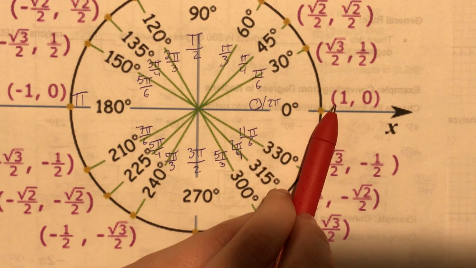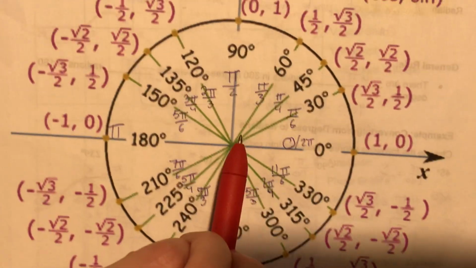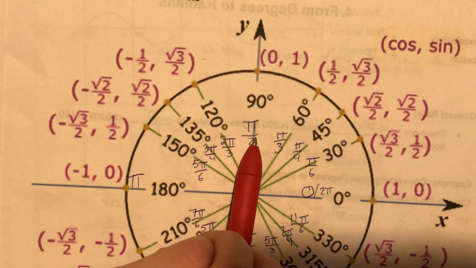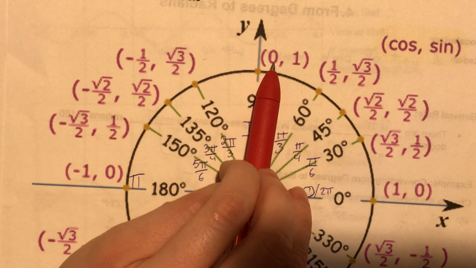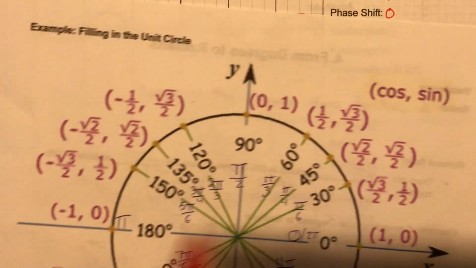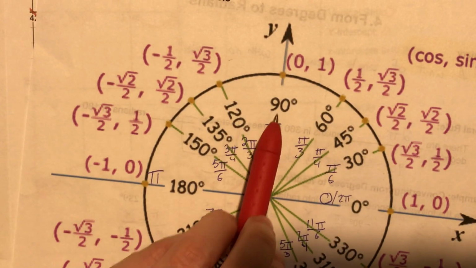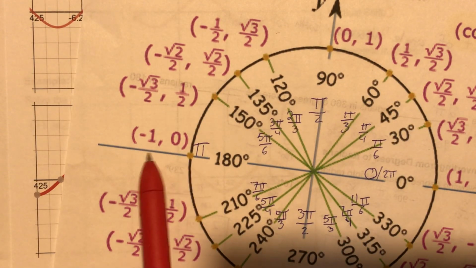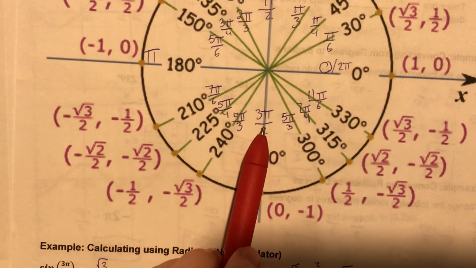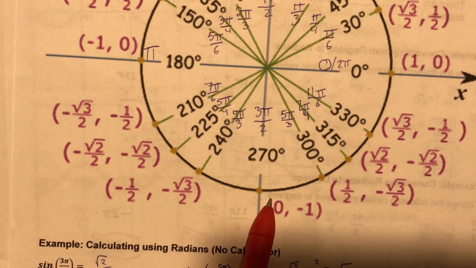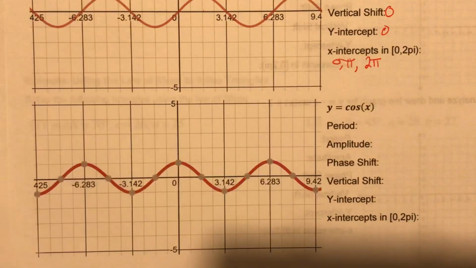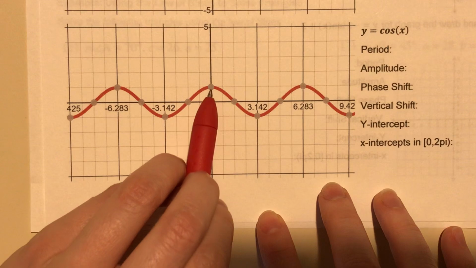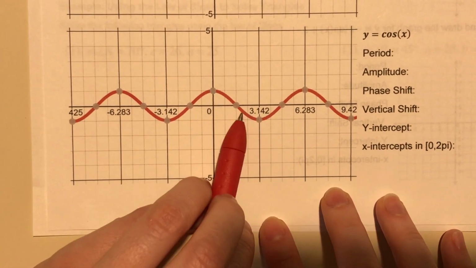The cosine of 0 is 1. The cosine of pi over 2 is 0. Then at 180 degrees, or at pi, we're at -1. At 3 pi over 2, we're at 0 again, and then we go back to 1. So look at this graph. We start at 1. At pi over 2, we're at 0.